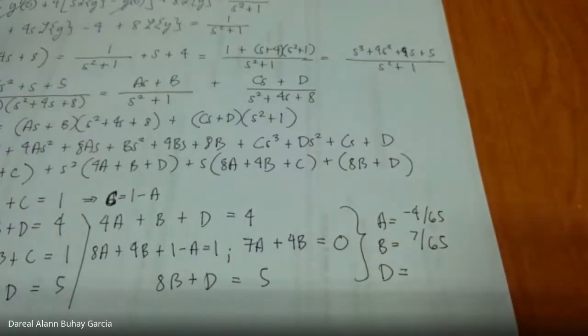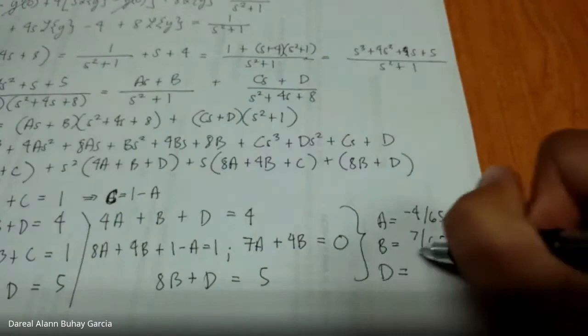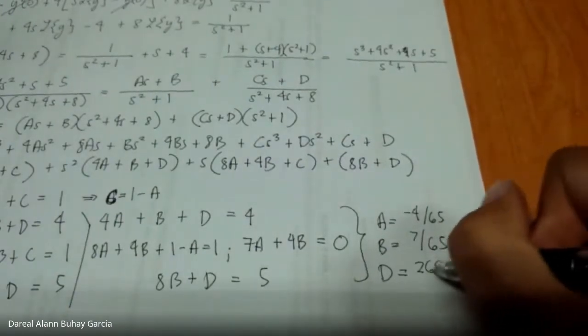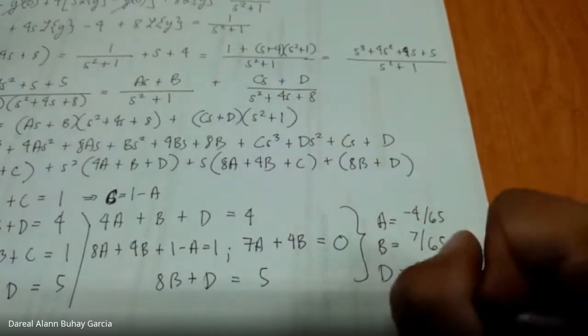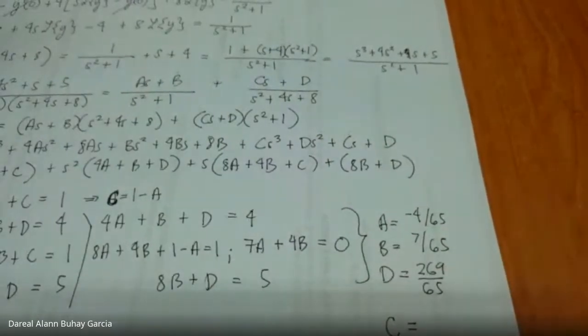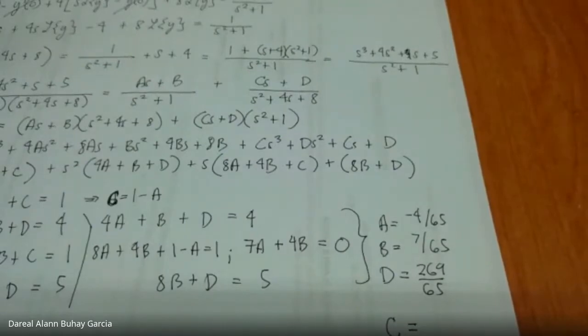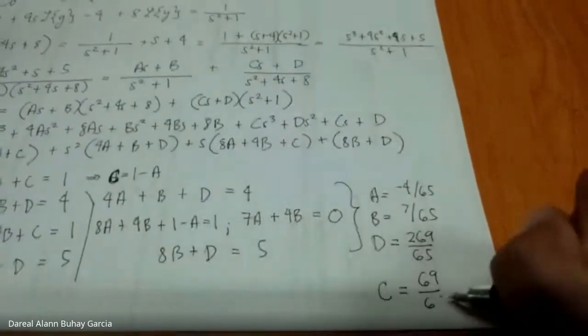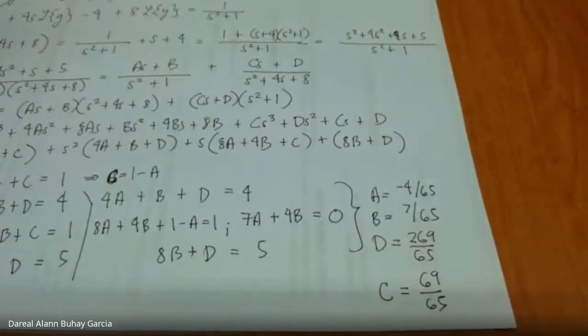C is 69 over 65 and D is 269 over 65, which makes C equal to 1 minus this one. 1 minus negative 4 over 65 is 69 over 65. So I hope my constants are correct.